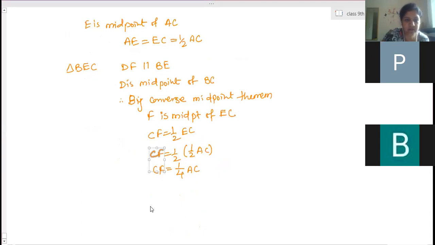Done? Class 9? Yes, ma'am. 10th one, can you solve? 10th, 11th, read the question. All these are NCERT questions further onwards. Ma'am will start solving.